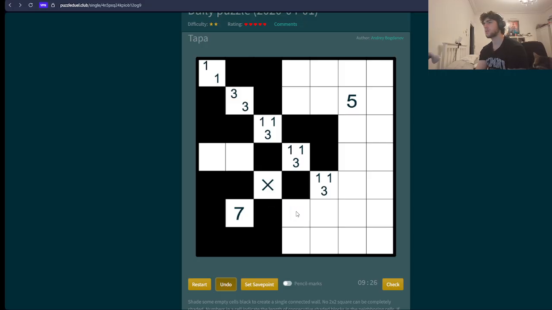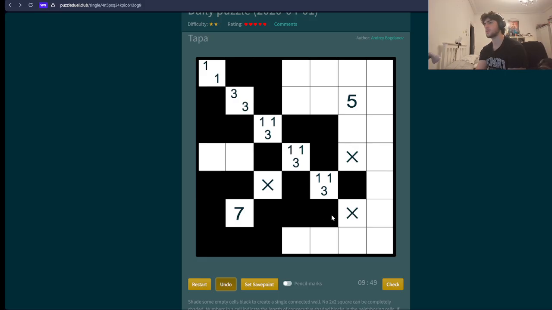I think this cell would also need to be shaded in, because otherwise we'd have problems with this connection. So then, because these two cells are shaded in, the only way to get 1, 1, 3, I think, because there's already 2 here, would be to have this, a gap, and then 1 like this. So that would be forced.